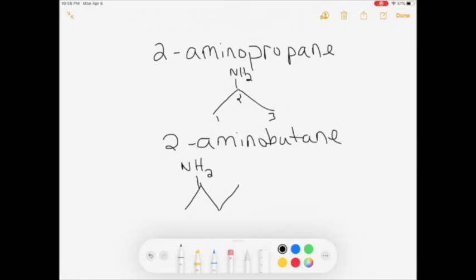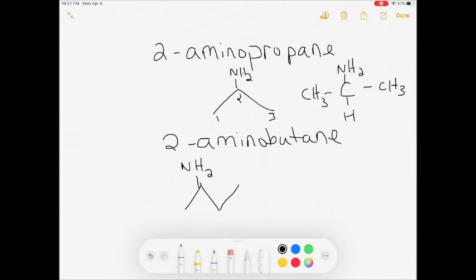Okay, so on carbon 2 over here, we have a methyl, the amino group, and a hydrogen. So on that carbon, we do not have 4 different groups because we have 2 methyls. So that would not be chiral, it would be achiral.